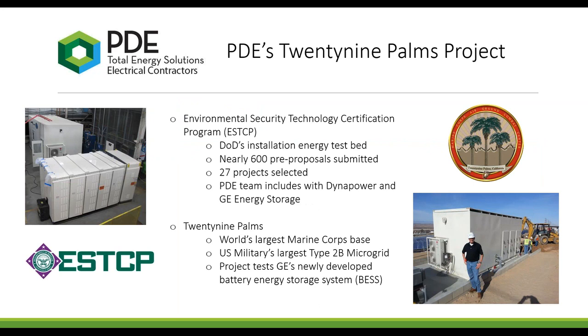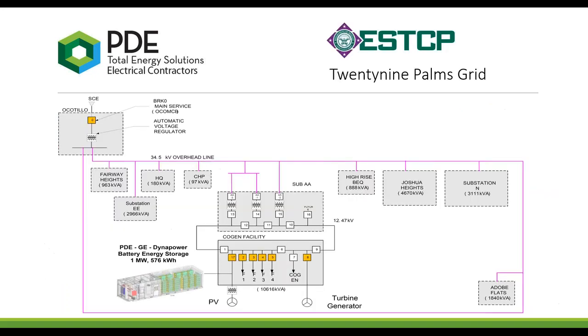This project is located in Southern California at the 29 Palms Marine Corps Base. It's the military's largest Type 2B microgrid, Type 2B indicating that the renewables are designed to stay coupled in the event of a power outage, and that was what the project was funded on.